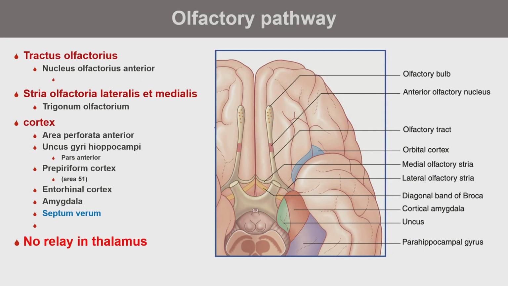So the olfactory tract is then conducting the information into the olfactory brain, splitting in two ways. I have said into the septum verum. From the region of septum verum, here is a band, which is called the diagonal band of Broca, and this diagonal band of Broca is a communication between the septal region and the region of parahippocampal localization.